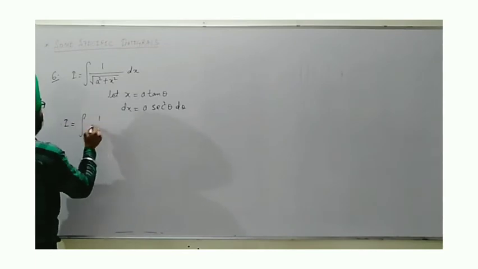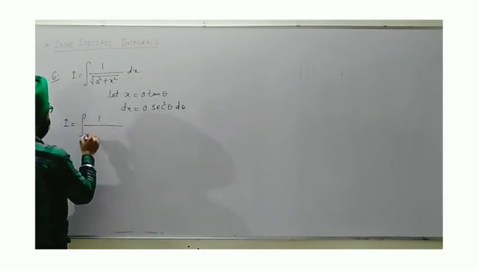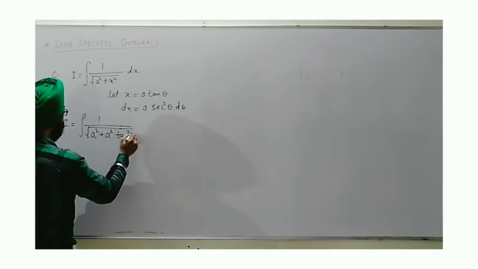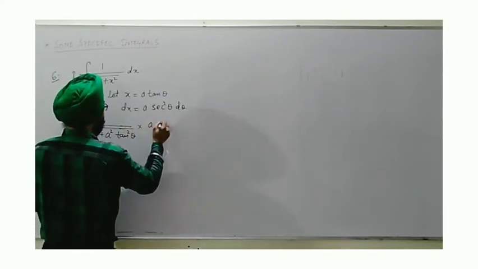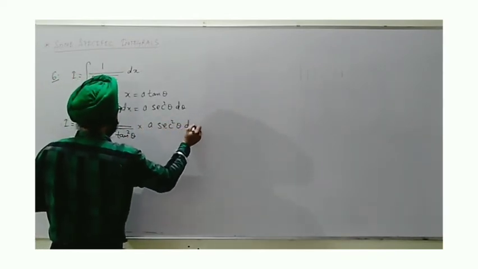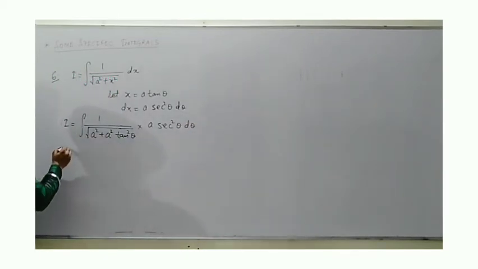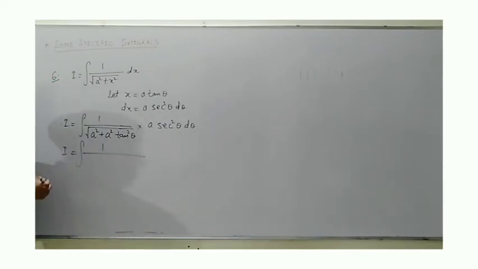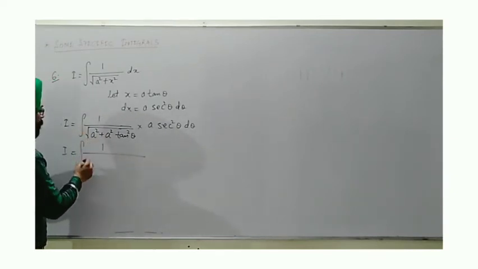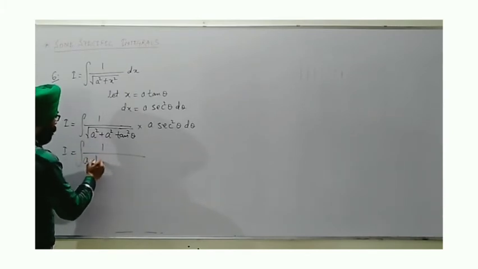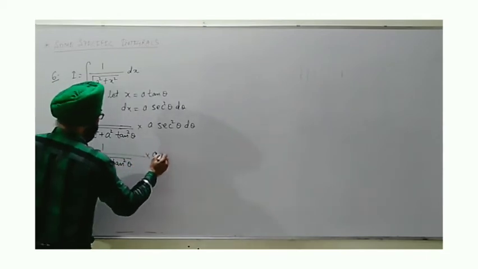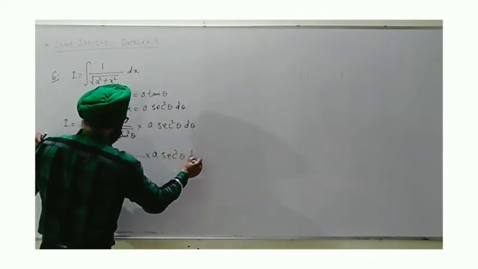Now if I substitute these values in the given integral, I find 1 upon root a square plus a square tan square theta, into dx replaced by a sec square theta d theta. Solving: in all three patterns of square root, you will find a square common with the root, every time we are having a only. So root 1 plus tan square theta, into a sec square theta d theta.